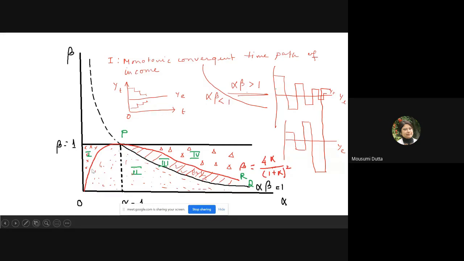The zones above this line have beta greater than 4 alpha by 1 plus alpha whole square. The zones below this red line have beta less than 4 alpha by 1 plus alpha whole square. Yes, ma'am. Okay.